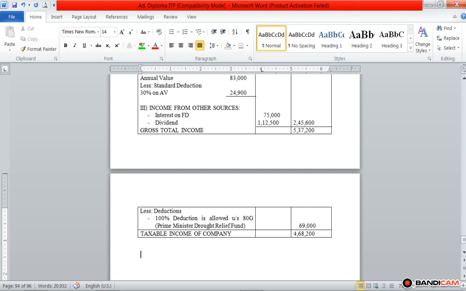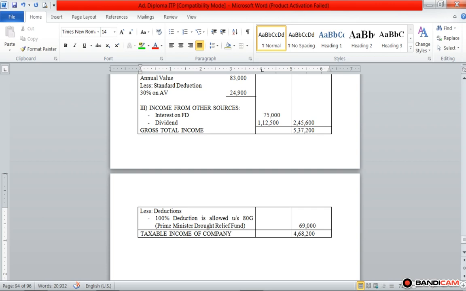So remember the rates: foreign company 30% and domestic company 25%.